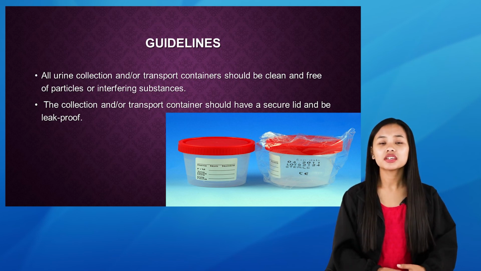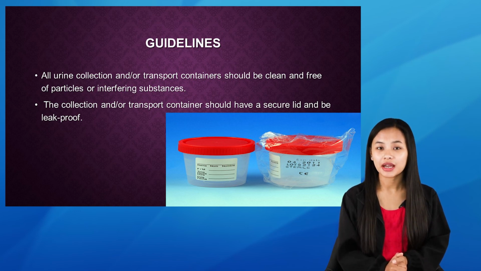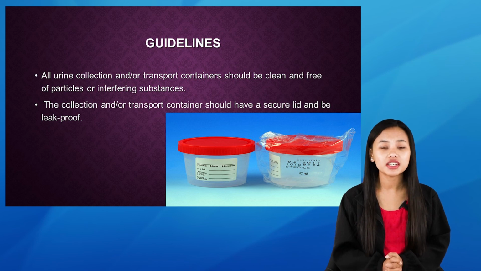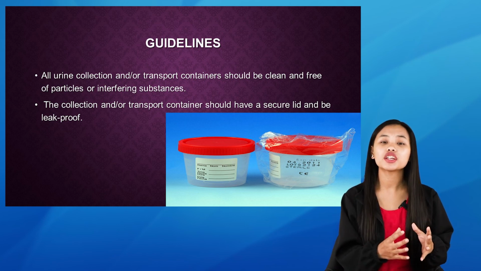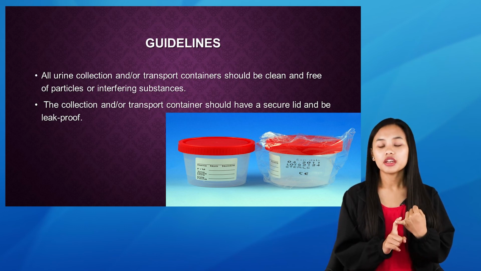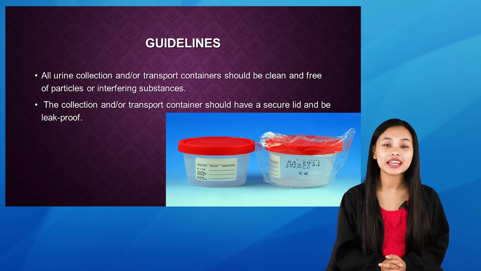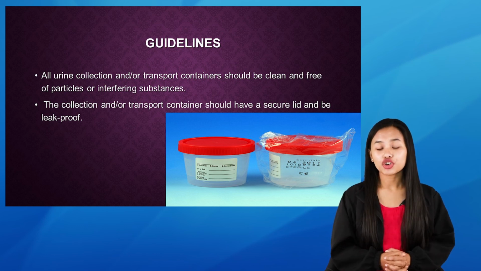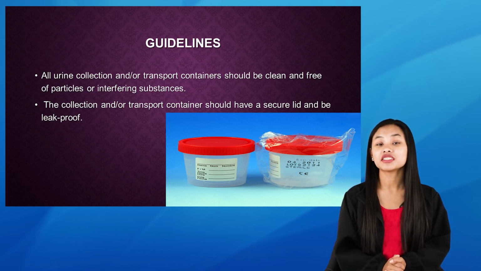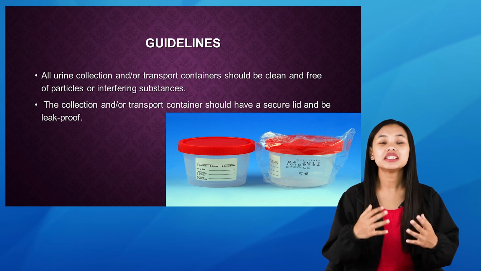As we know, the urine which is collected must be free from any contamination. The specimen container which is provided to the patient must be free from any microorganisms, from any particles or any interfering substance, and it should be clean and sterile. This collection or transport container must have a secure lid, and it must be leak proof, because if it is leak proof, it will reduce specimen loss.